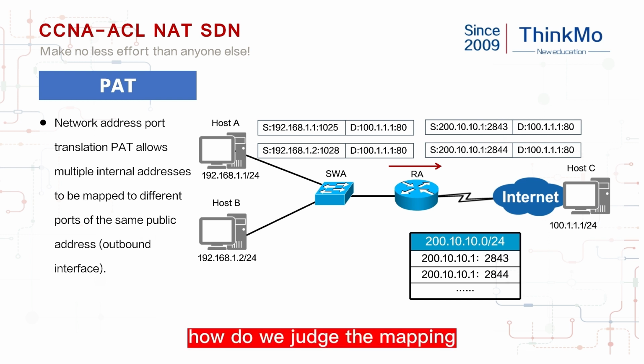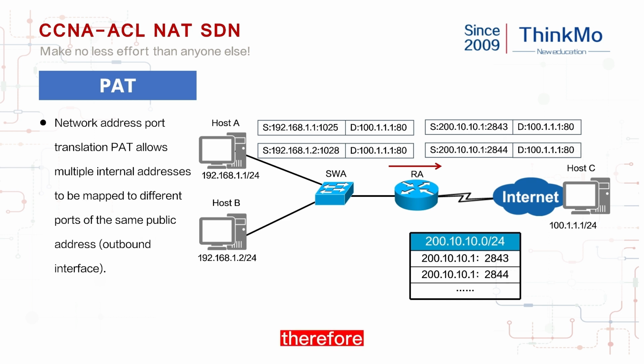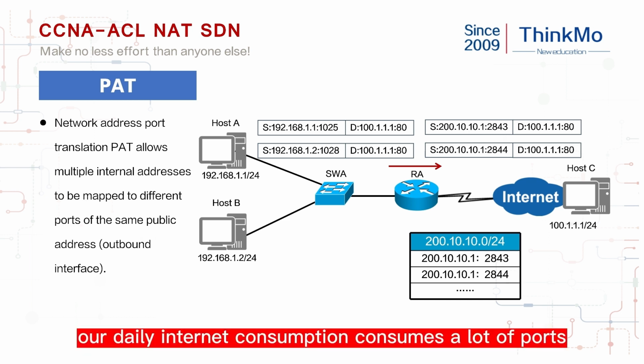How do we judge the mapping? As long as the device wants to access the public network and the address plus port is different, when a piece of data goes out, a mapping will be generated. Therefore, our daily internet use consumes a lot of ports.